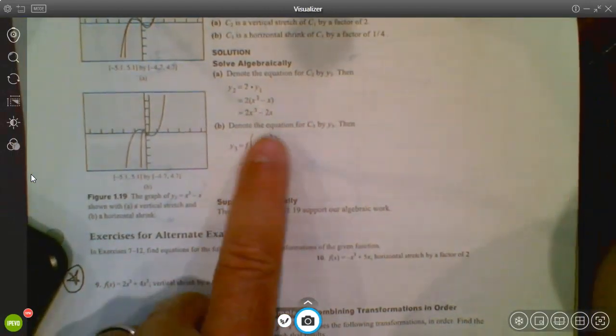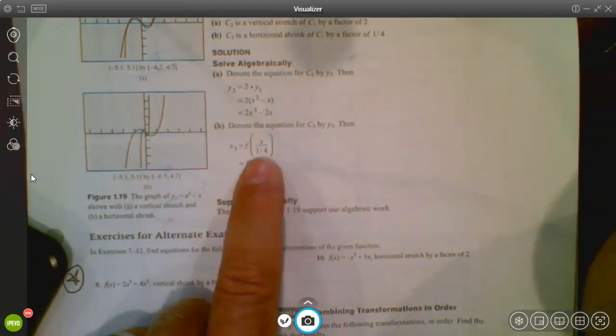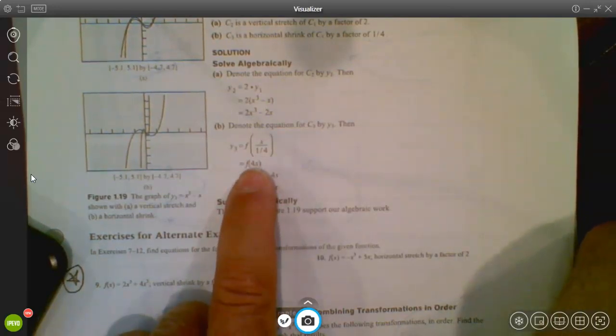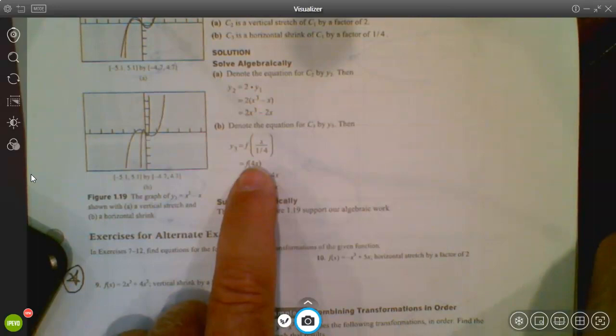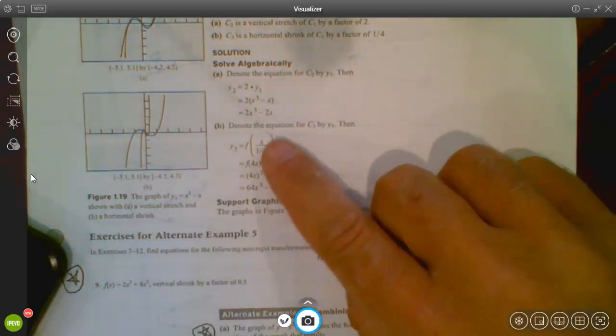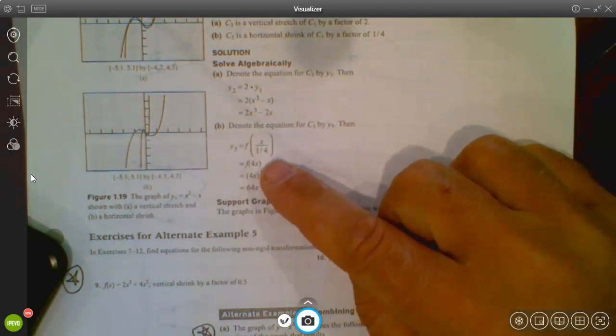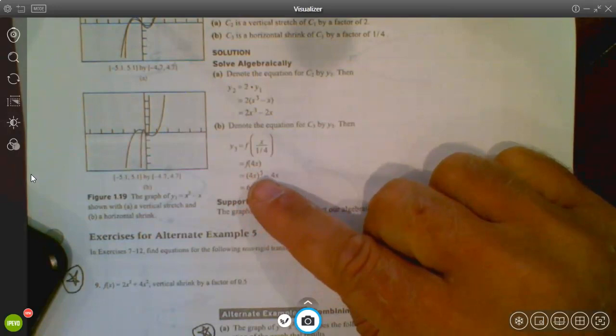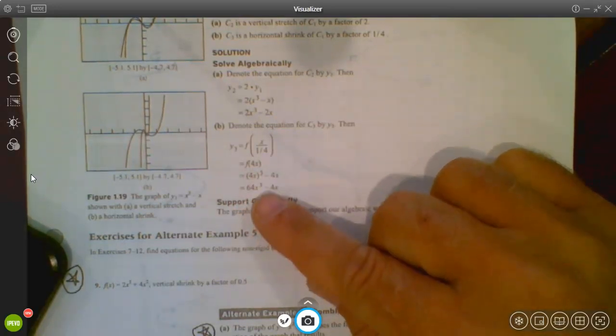So here's the rule: if I'm going to divide my x's by a fourth, that is the same thing as calling it 4x. I see this as my horizontal shrink of a fourth, so I'm going to replace my x's with 4x. Now it's 4x to the third minus 4x. We could do a little cleanup on that, and this is the look that we would get.